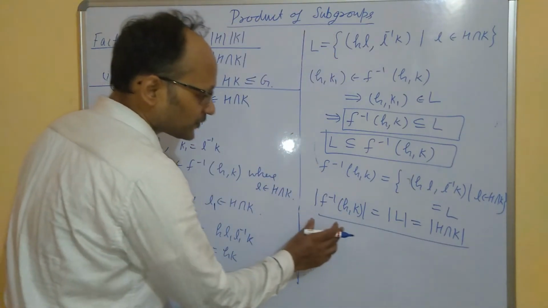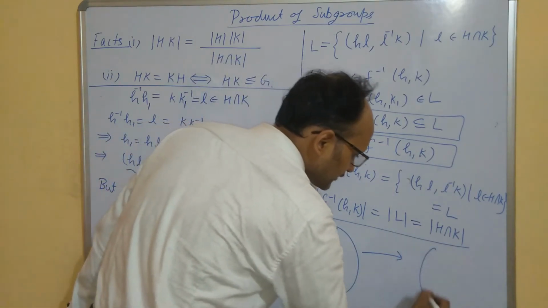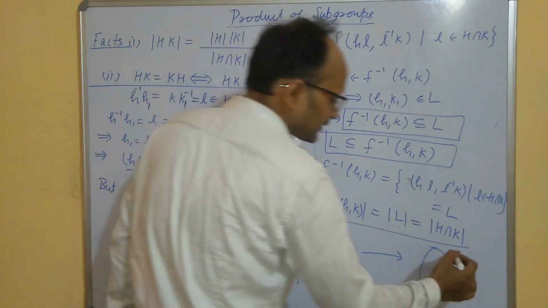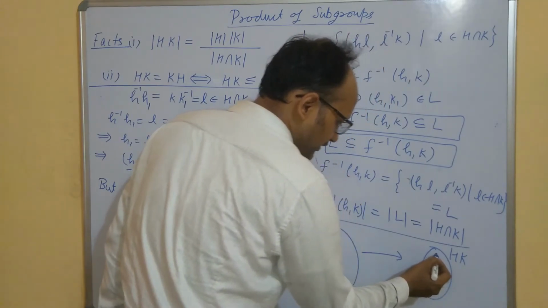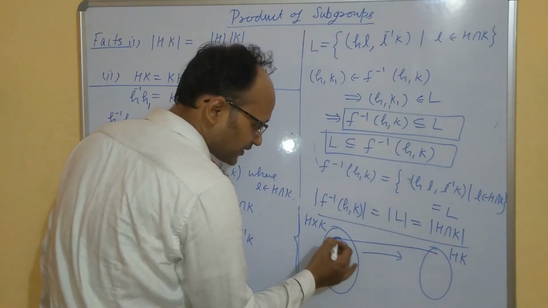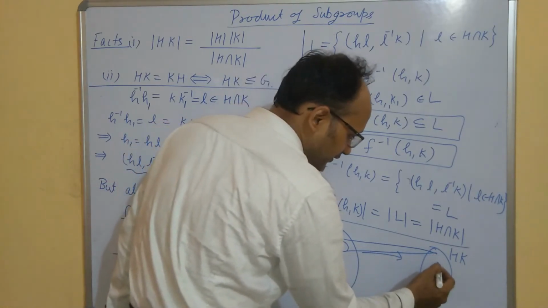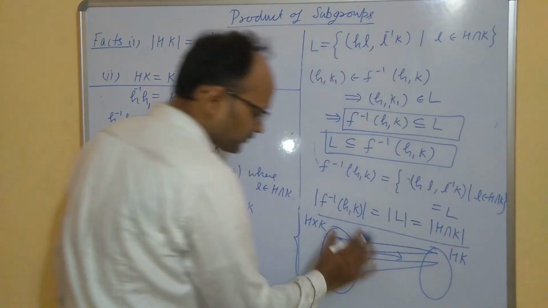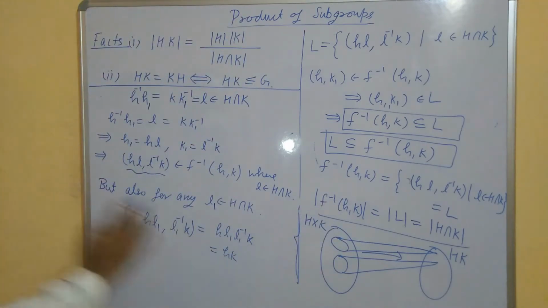So now F is a map from this set to this set. This is H cross K, and this set is HK. Now for each element we have an inverse image, and as you know, if we consider for any map the inverse image of the elements of the codomain, then it will cover the whole domain.